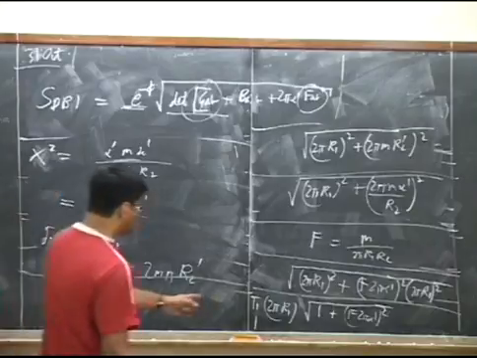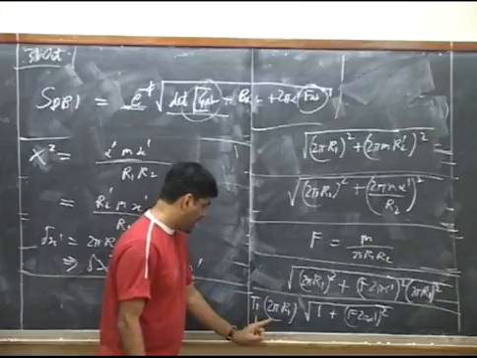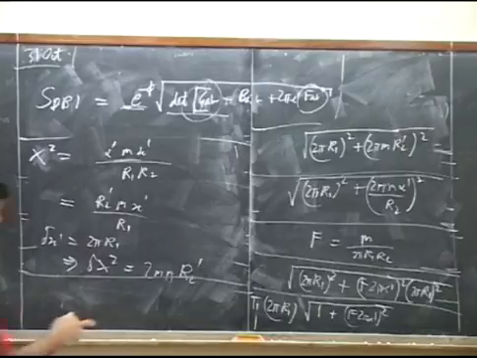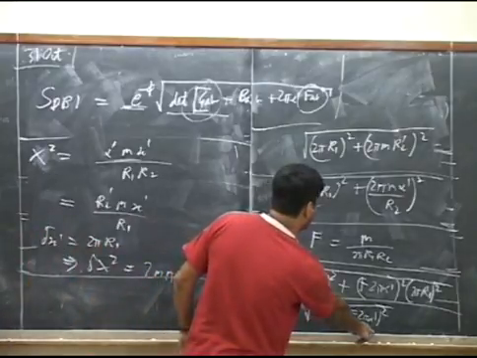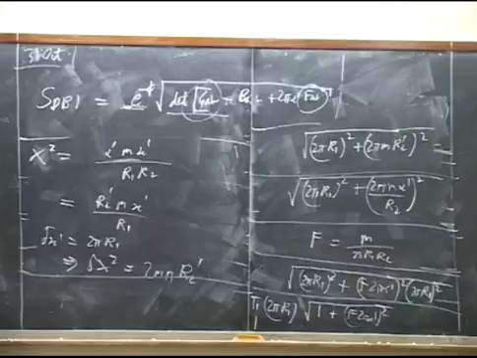Now you remember we worked out there's an extra alpha prime. Extra what? How does the dimension work out?